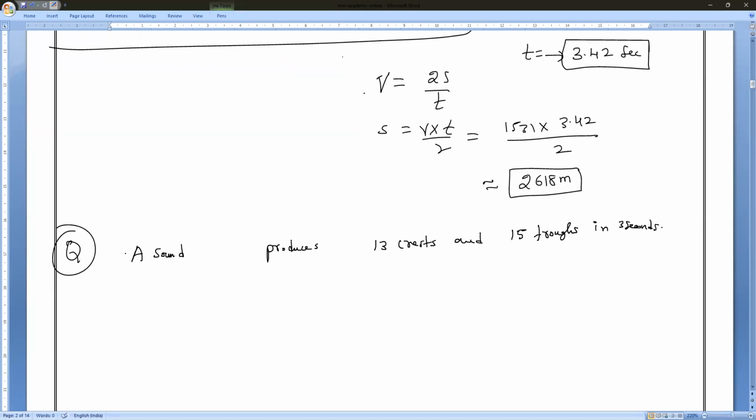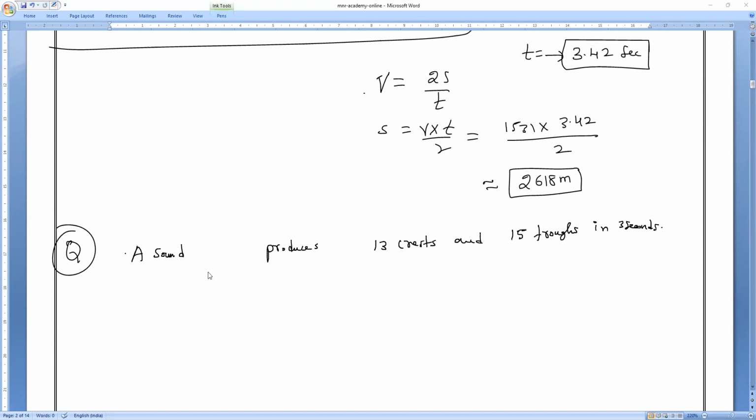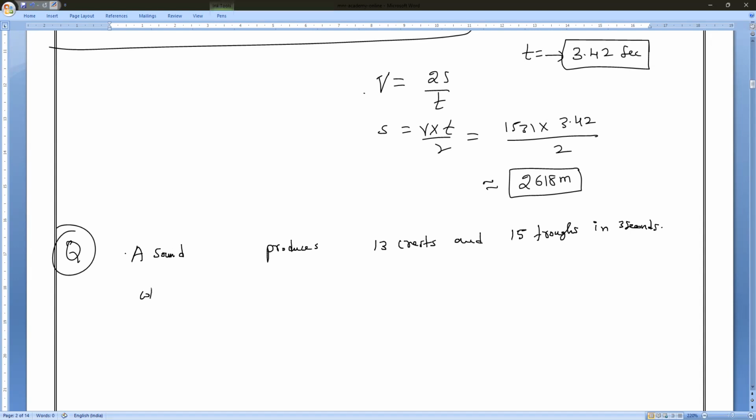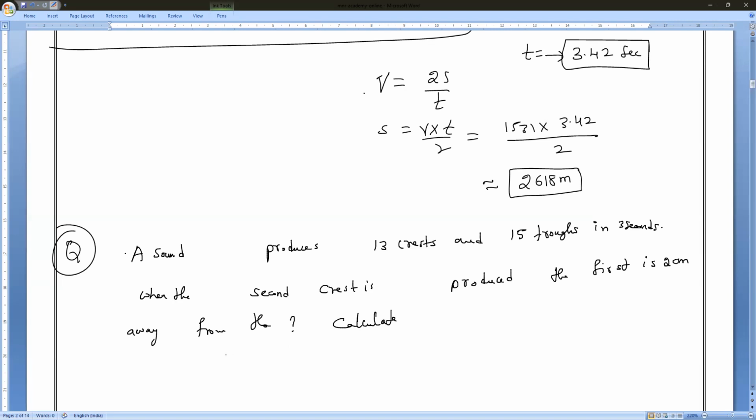When the second crest is produced, the first is 2 centimeter away from the source. Calculate the wavelength.